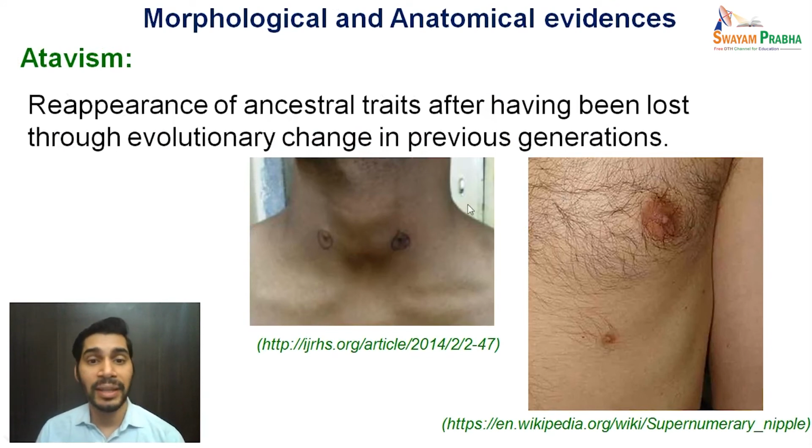For example, here you can see the existence of a cervical fistula. Here the example is of supernumerary or additional nipples in the case of a man. So these are characters which reappear suddenly, but they were present in our ancestral forms, and for generations there was no existence of them. These also indicate towards evolution, and the phenomenon here is atavism.